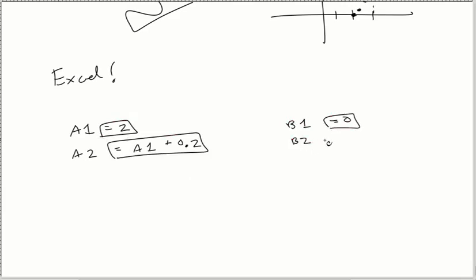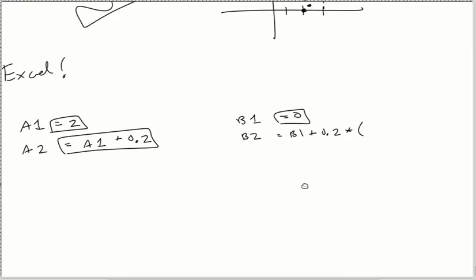But then in my B2 cell, I'm going to put B1 plus 0.2 times, open parenthesis, 4 minus 2 times A1 times B1, close parenthesis, and all of this with the equal sign. Got to have the equal sign.